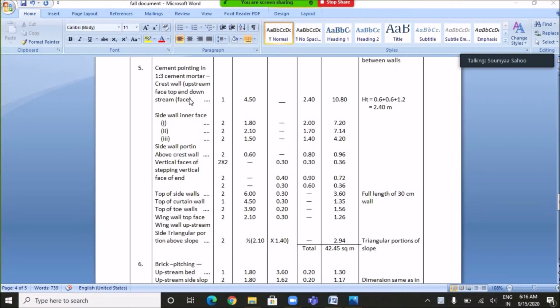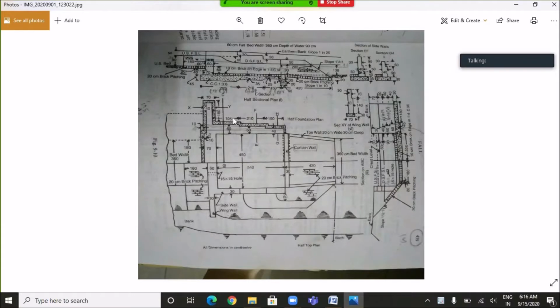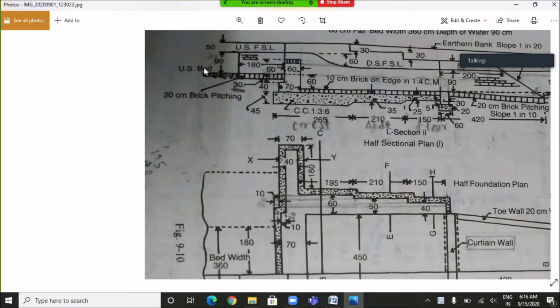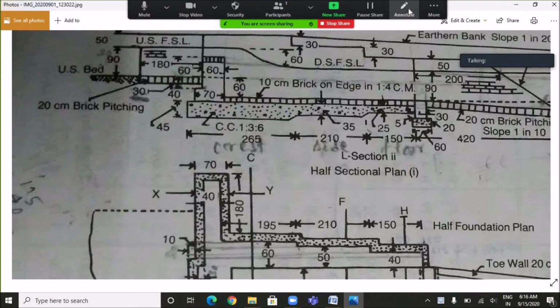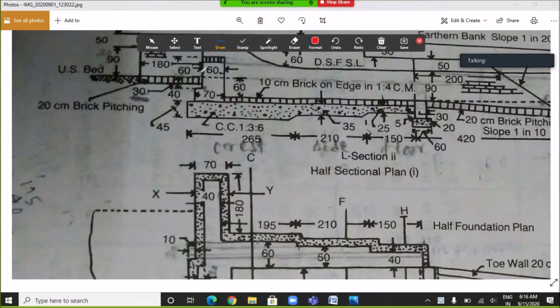For pointing work to be carried out in the crest wall region, the length will be 4.5 meter and the height will be this side, which is 60 centimeter, and this entire height, which is 1.2 meters.